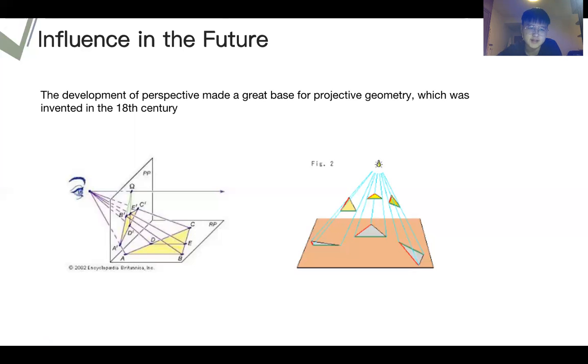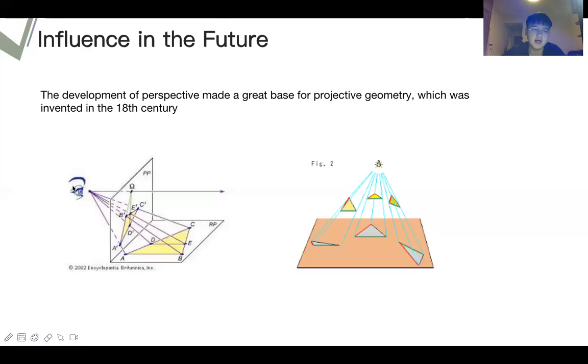How are they connected? As you can see now, the triangle on the PP plane and the triangle on the RP plane are totally different. However, now we are looking at the whole system from the left of the PP plane.